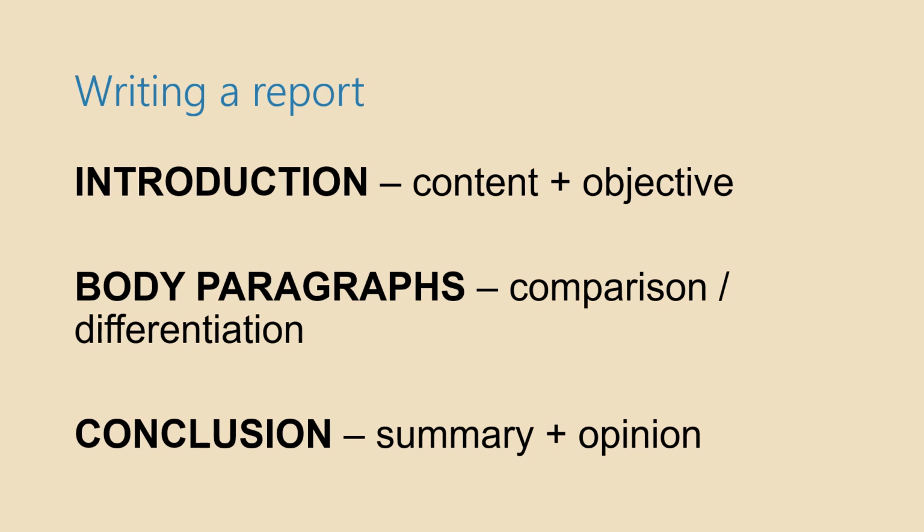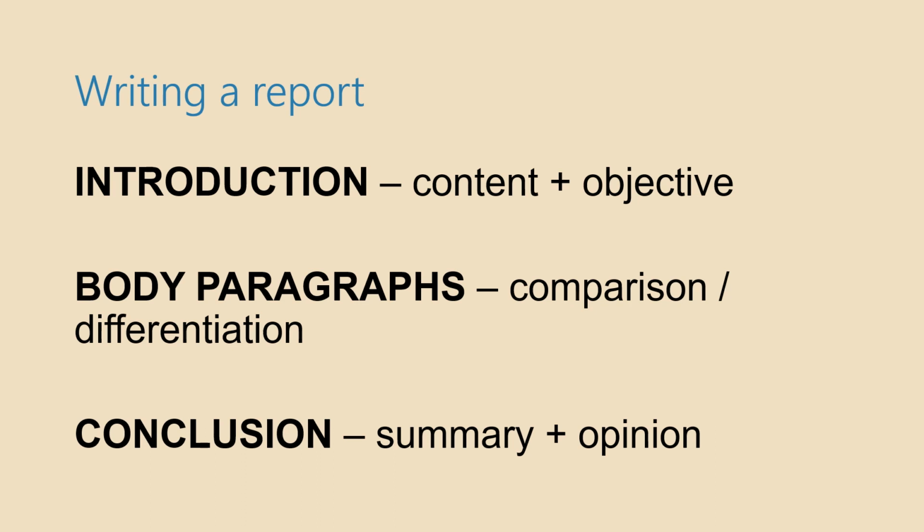Here is the outline for your report. In the introduction, you will clearly state the content and objective of your report. What follows are body paragraphs, one for comparison and one for differentiation. And your final paragraph is conclusion.